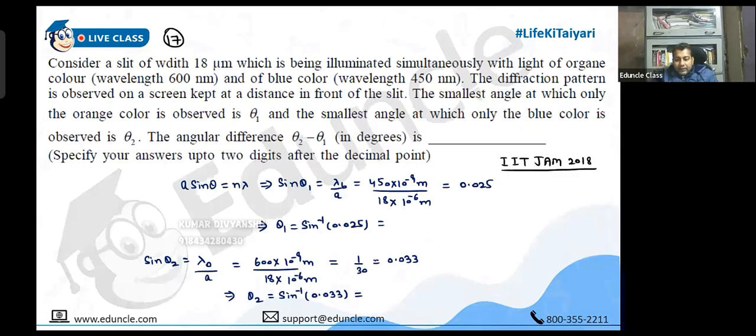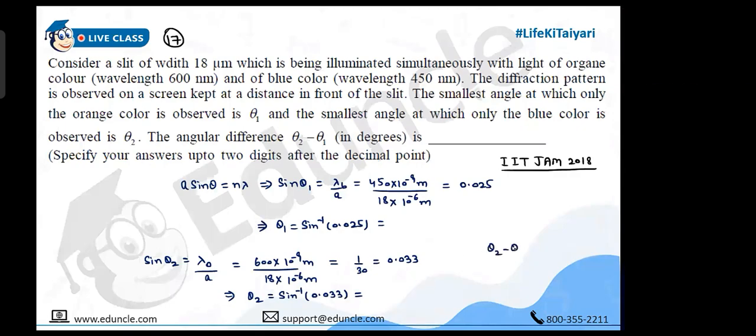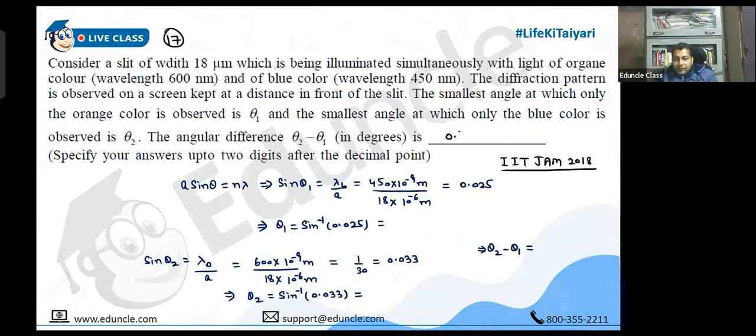That's how you can find the angles. And then theta 2 minus theta 1. The final answer given with me is 0.478 degree. Two digits, no? So it will be 0.48. Please check. Clear?